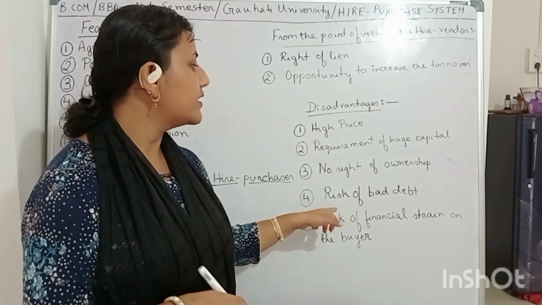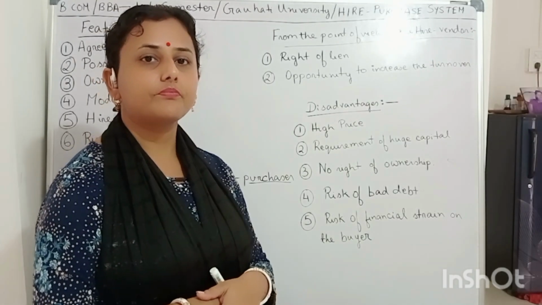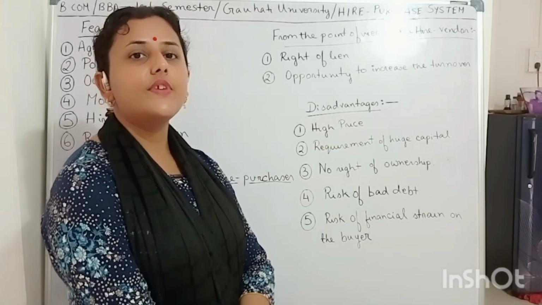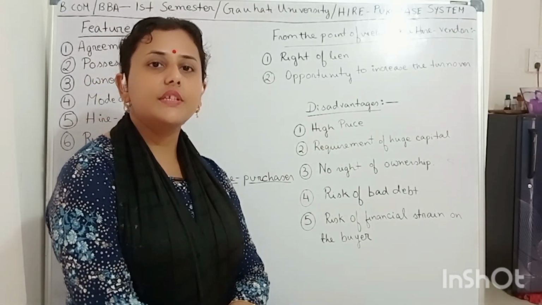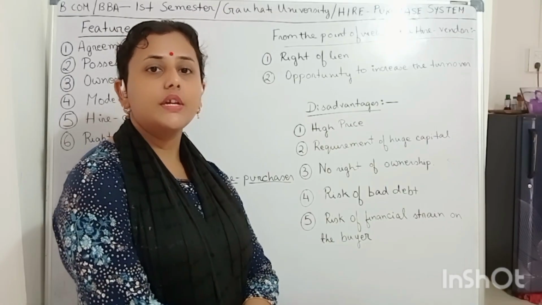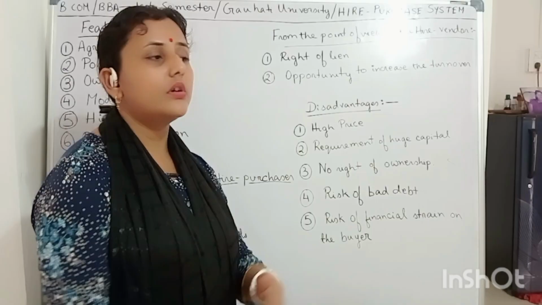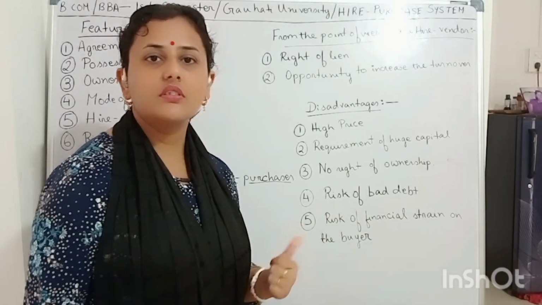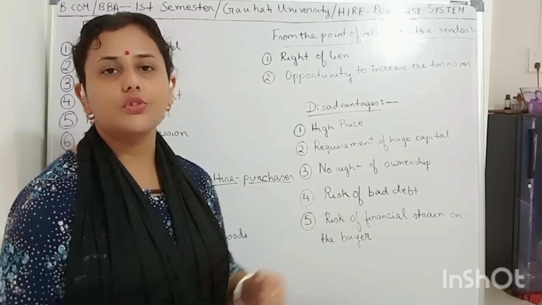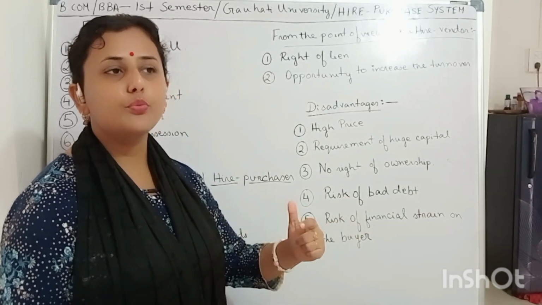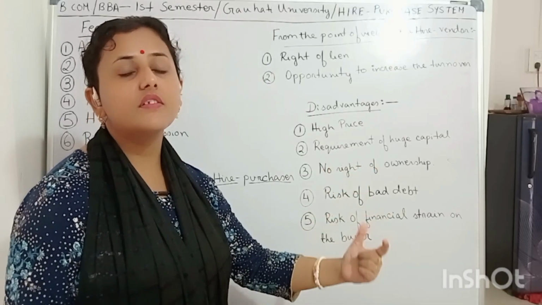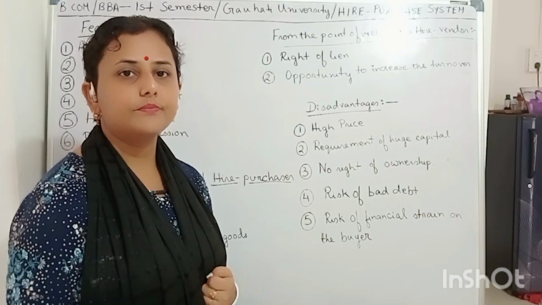The value of the asset in the market may decrease, so the hire purchaser who has purchased this asset at a high price from the hire vendor may refuse to pay any more installments, and will try to purchase the asset from the market because of decrease in the price of the asset in the market.